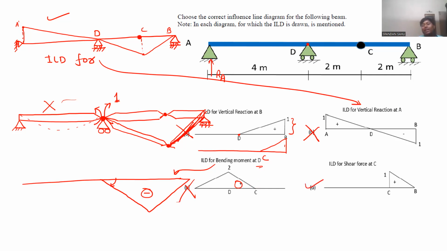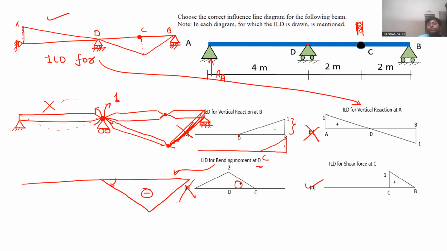But let us check the shear force ILD for shear force at C. Now, when you draw the ILD for shear force at C, you have to insert a shear release such that your stress function, which is shear force at C for the fourth case, is released.